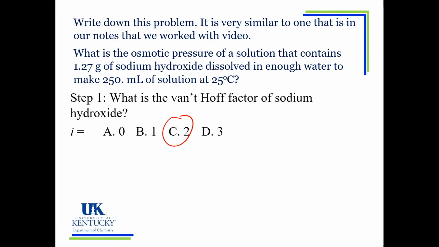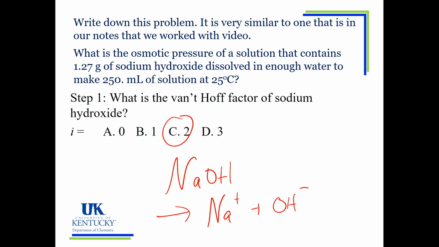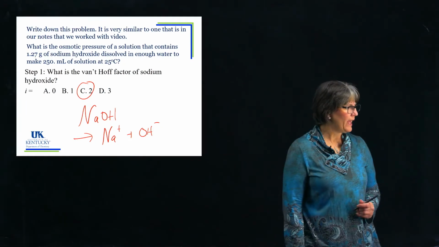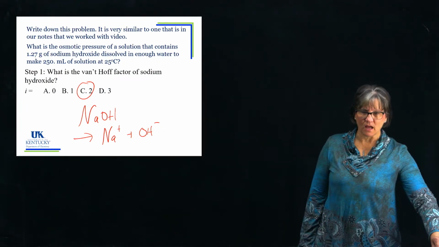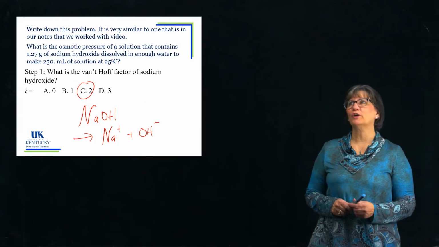Well, you have to consider what the substance is. It's sodium hydroxide. And sodium hydroxide is an ionic compound that breaks apart into sodium cations and hydroxide anions, okay? So that was something that we had to know. Why did we have to know that? Well, we had to know that because of the osmotic pressure equation.